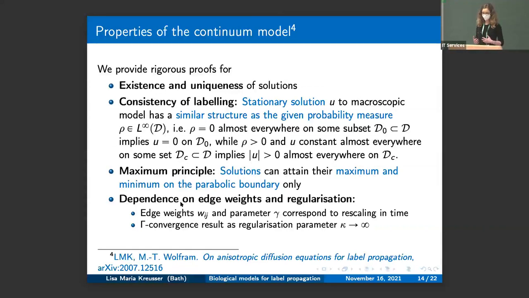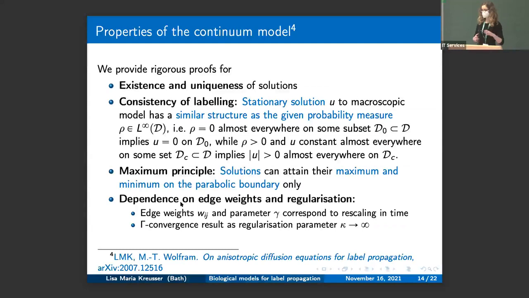What I mean by this is that if you look at the stationary solutions, then we observe a very similar structure between the stationary solution U and the given density rho. Basically, if there are no particles, so if the density rho is 0 in a certain subset of the domain, then also the label function U is equal to 0. And this also holds the other way around.